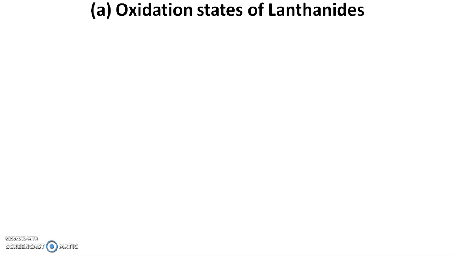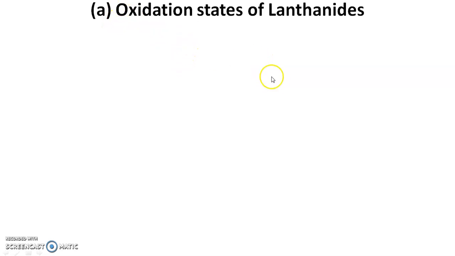Some of the properties of lanthanides depend upon electronic configuration, and these properties are oxidation states, lanthanide contraction, then magnetic properties, spectral properties, as well as the complex forming ability of the lanthanides. So in this video we are going to discuss some of these important properties.